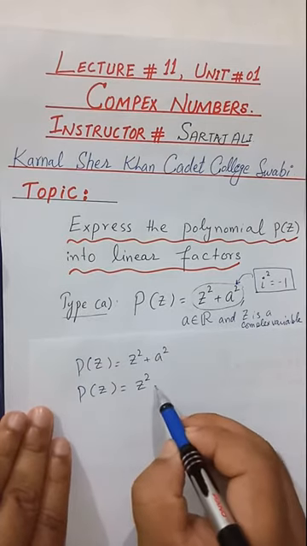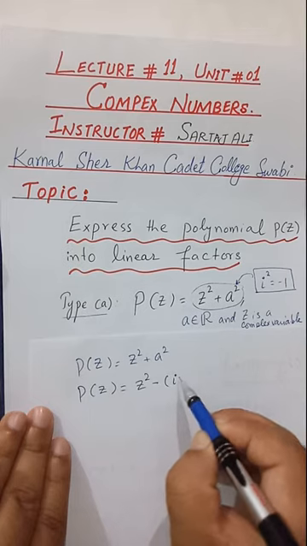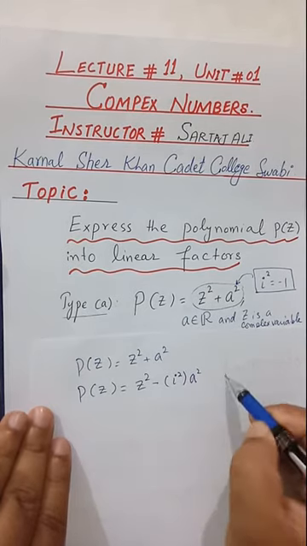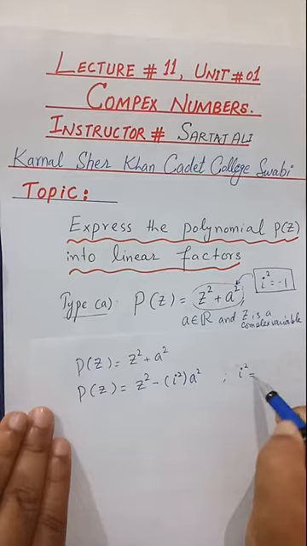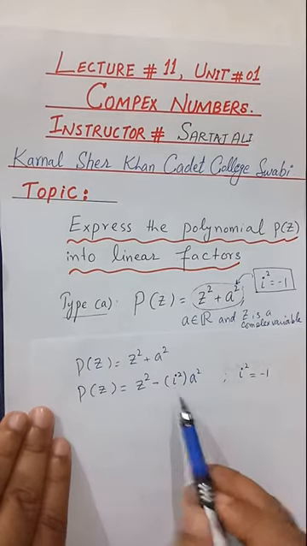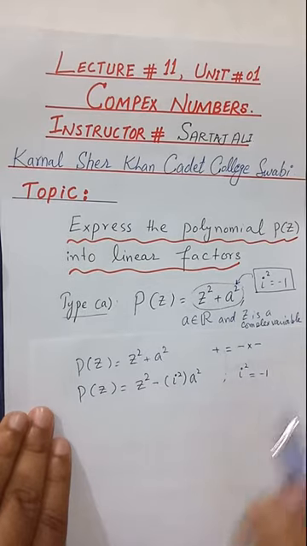This can be written as z square minus iota square a square. You know that iota square is equal to -1, so this plus is converted into minus multiplied by minus.